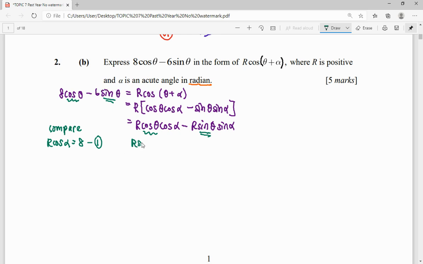So r sine alpha here will be equal to 6, second equation. Then we try to simplify these two equations in order to find out what is our r and what is our alpha here. So the equation we can simplify here, we're using equation 2 divided by equation 1. At the same time, we eliminate our r, we get our alpha in tangent.